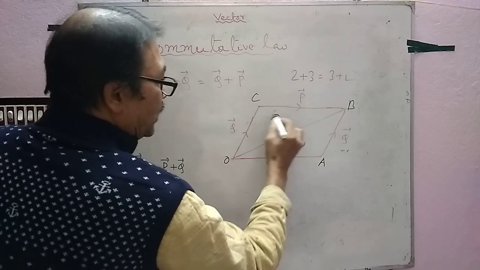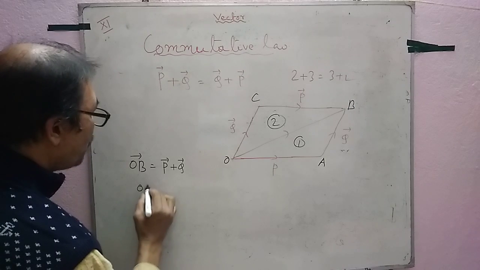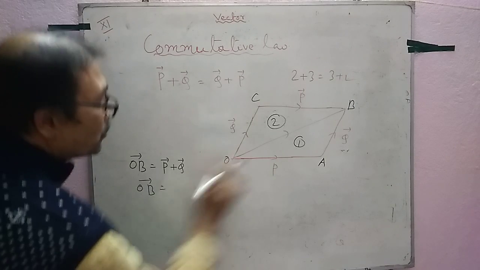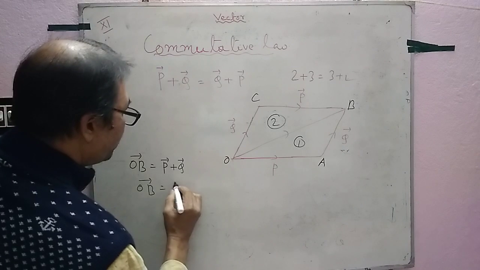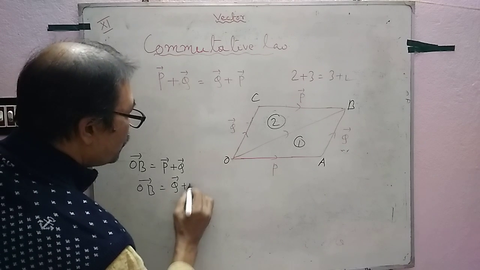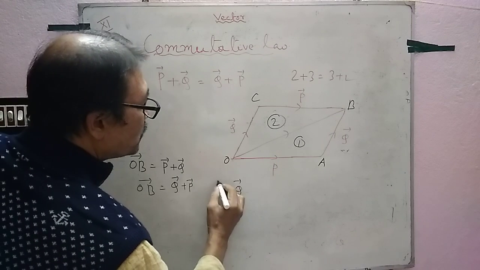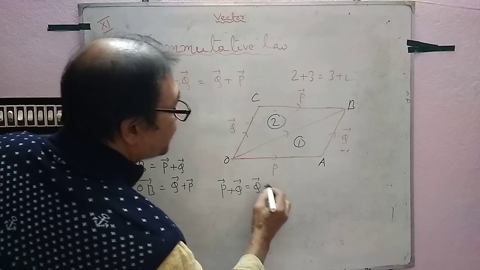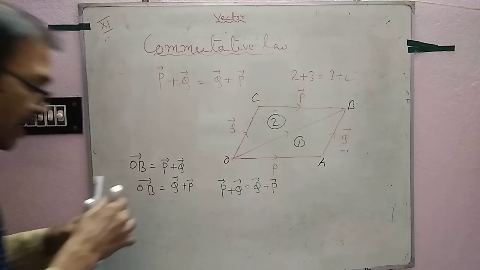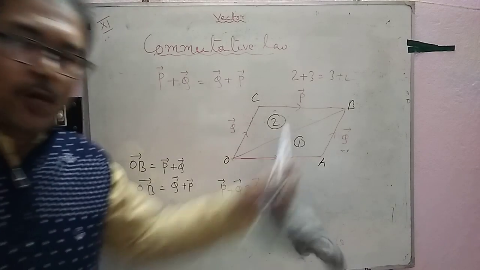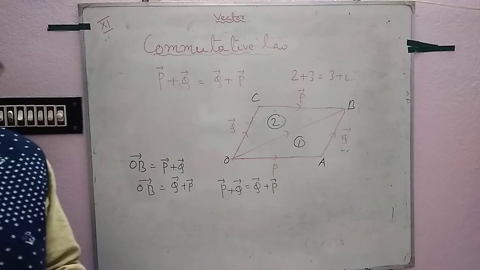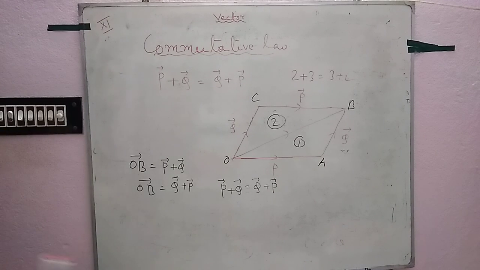But from triangle 2, the upper triangle, OB equal to Q plus P. So P plus Q equal to Q plus P. This is the commutative law. আমরা একটা প্যারালেলোগ্রাম ড্র করে তার আপার এবং লোয়ার থেকে আমরা রেজাল্ট্যান্ট দেখলাম, প্রুফ হয়ে গেল.